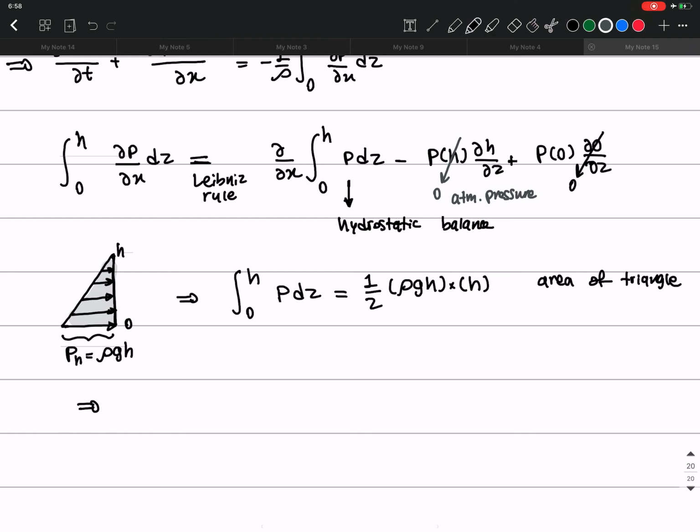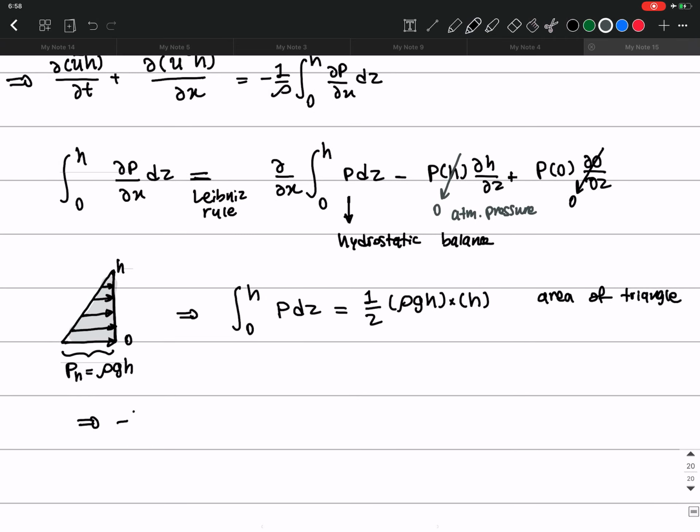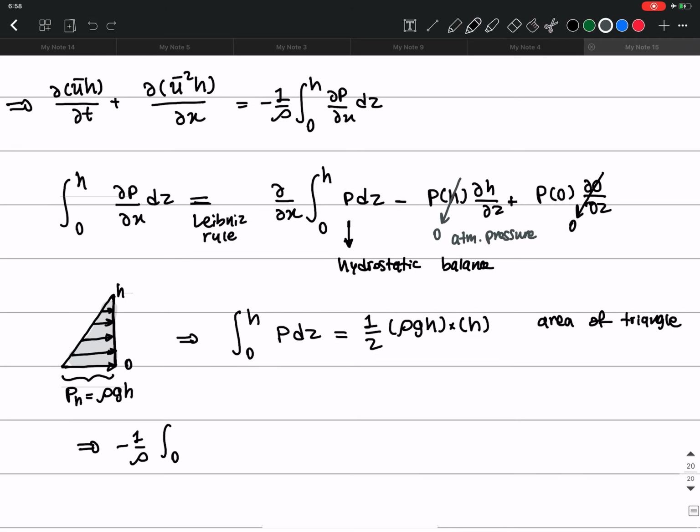So the term minus 1 over rho, the integral from 0 to h of partial p over partial x dz, just equals minus 1 over rho times partial over partial x of 1/2 rho g h squared.